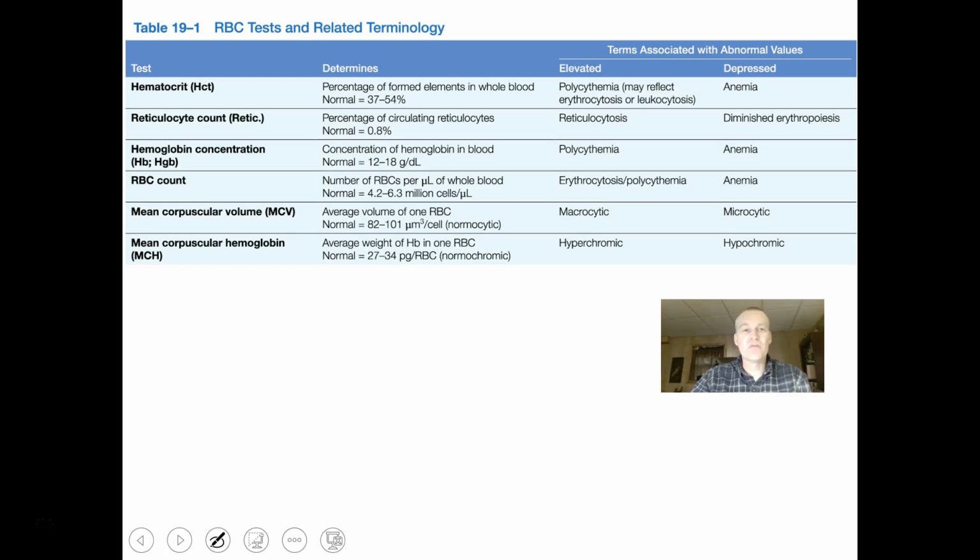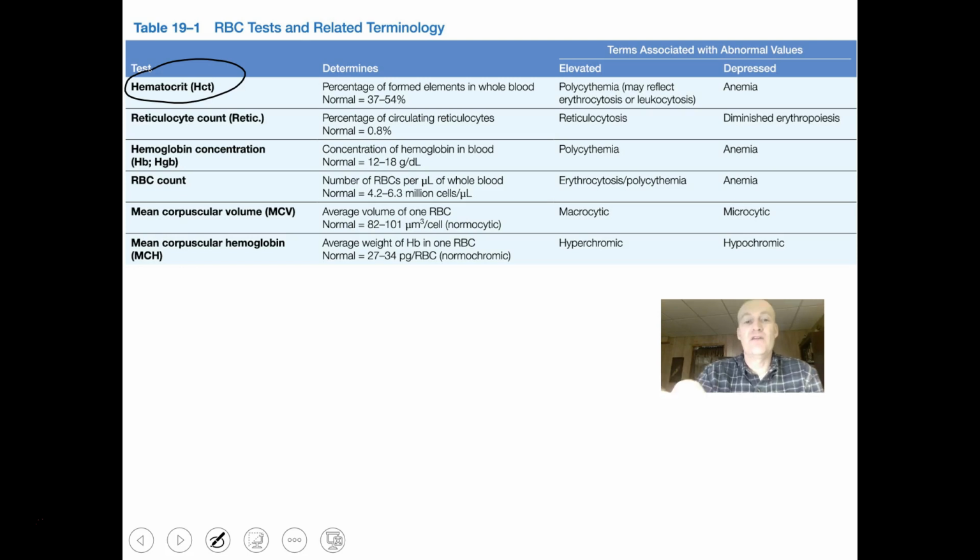Okay, so there is some terminology that you probably should be somewhat familiar with, especially if you go in the healthcare field. We do have all kinds of tests that we can test for different diseases. So hematocrit, which is HCT, is going to determine the percentage of the cellular components that are in whole blood.